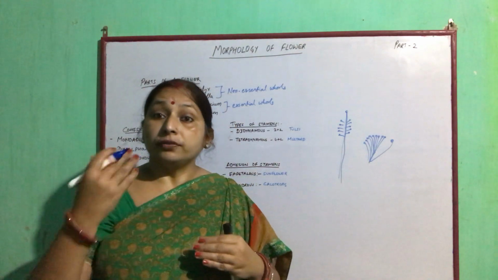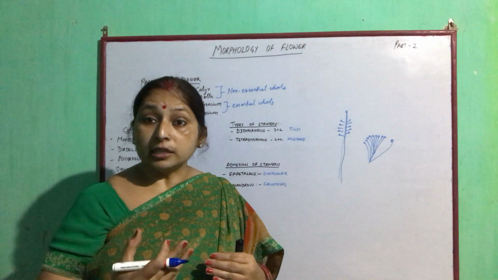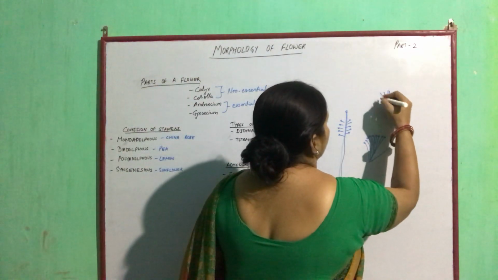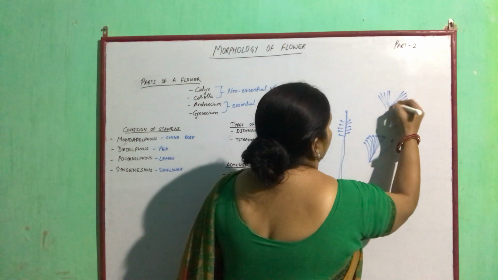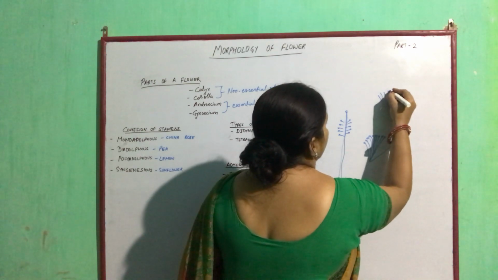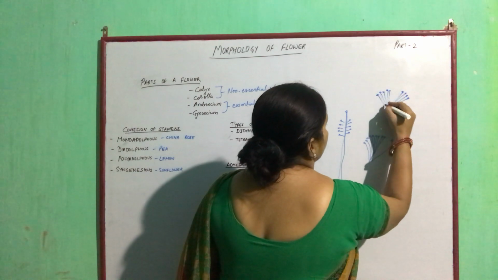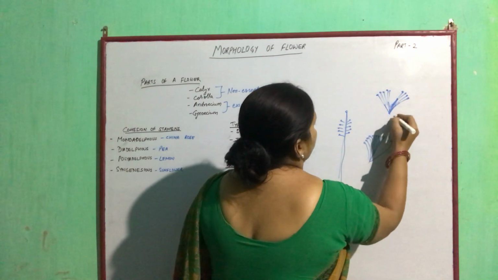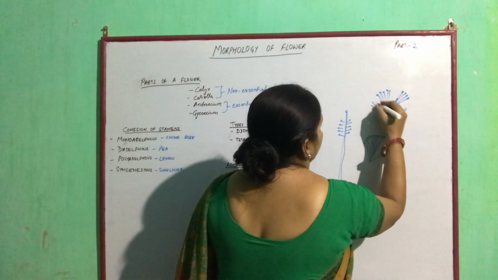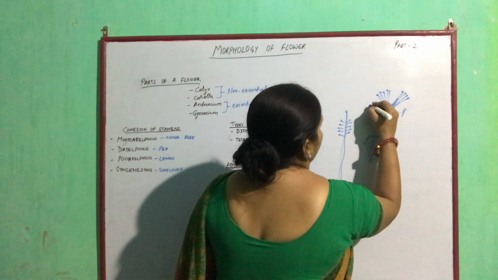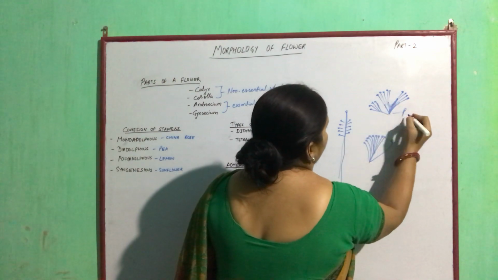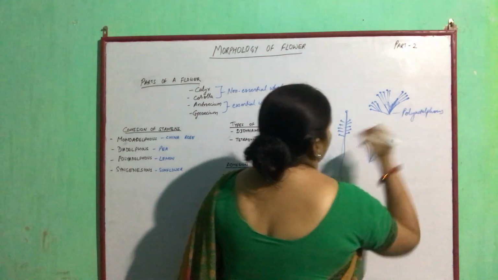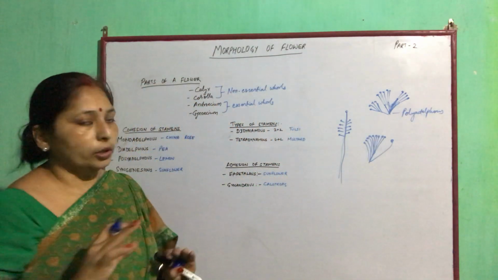When they form different bundles, various groups, and they unite together like this, then it is termed as polyadelphous. Mono, di and polyadelphous.